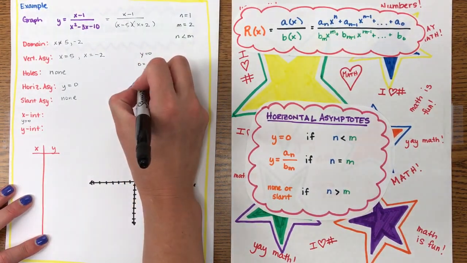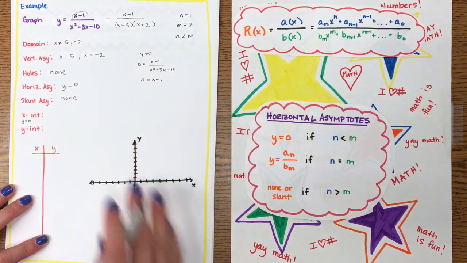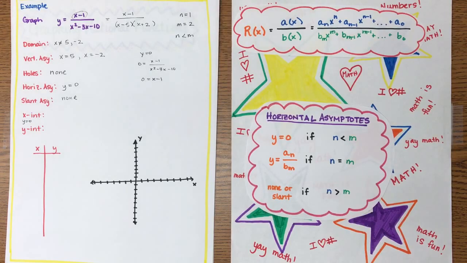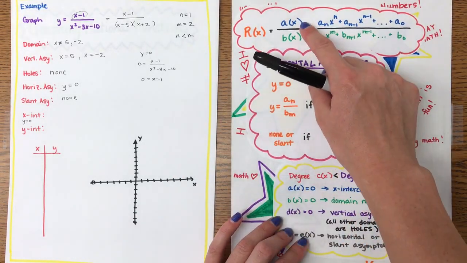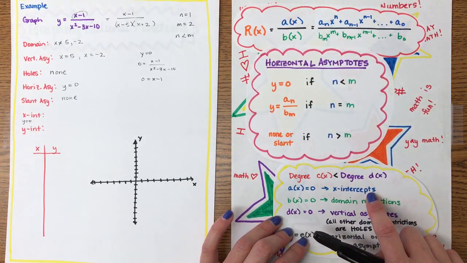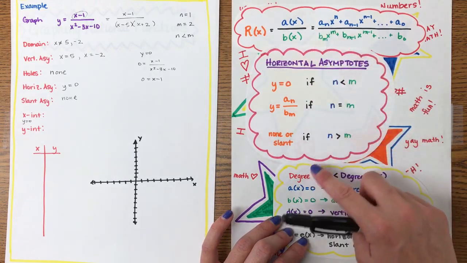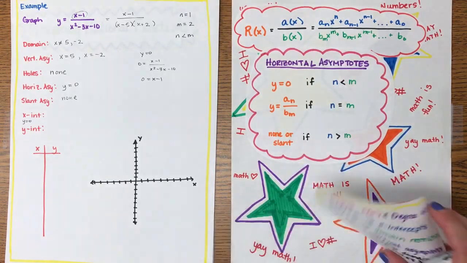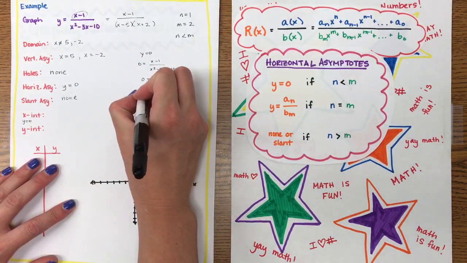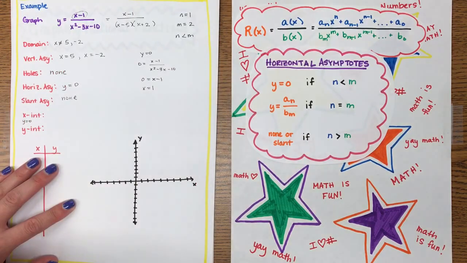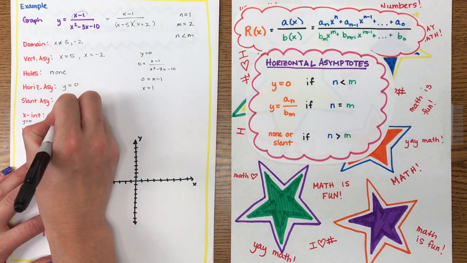So I really could just look at 0 is equal to the numerator. We talked about that a little bit, that a of x equals 0 will give me my x-intercepts. So setting the denominator equal to 0 gives me my domain restrictions, and the numerator will give me my x-intercepts. Okay, so x is equal to 1 is my x-intercept. So I have an x-intercept of 1, 0.